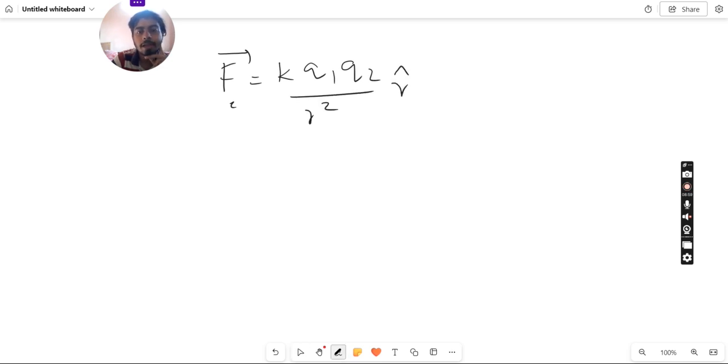Now what is this R cap? There is Q1 here and there is Q2 here. This force is the force on the charge Q2 due to Q1.